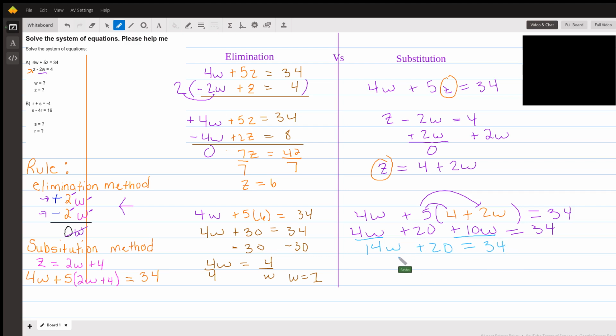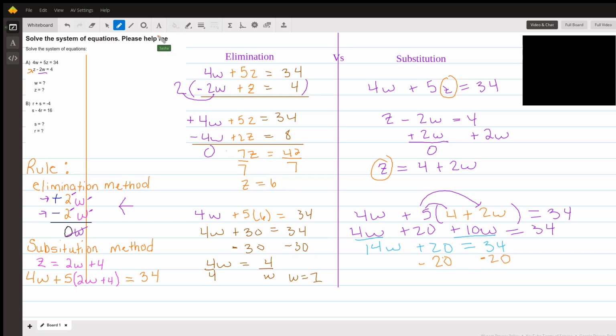Now on my left side, I actually have two terms. I need to move one. I am going to move that positive 20 because it's the same type of term as that 34. They're both constants, okay? So I'm going to subtract that 20 from here, and I'm actually going to subtract it from here.